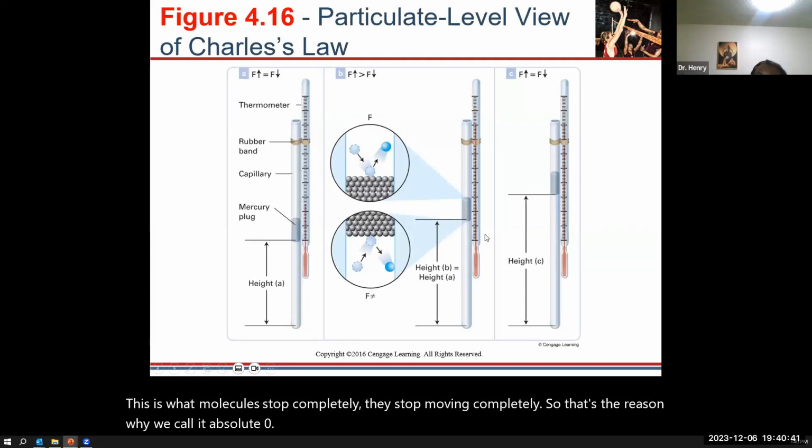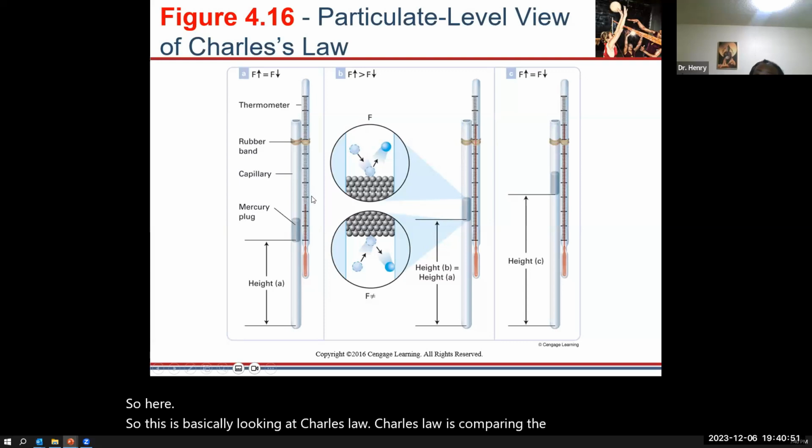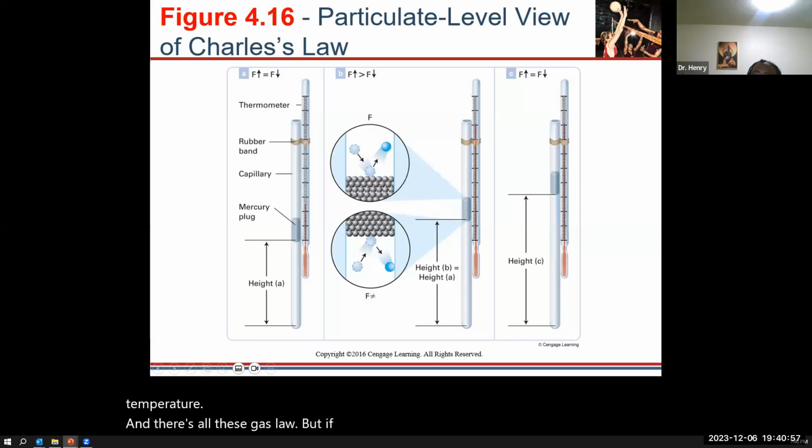So this is basically looking at Charles' law. Charles' law is comparing the volume to our temperature. There are all of these gas laws, but if you remember PV equals nRT, you can get to all of them.